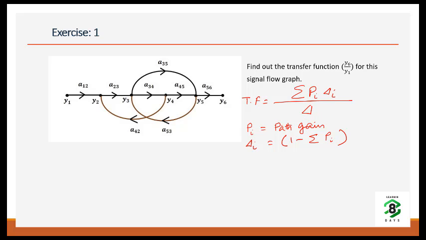Okay, so this is the numerator of the system transfer function.